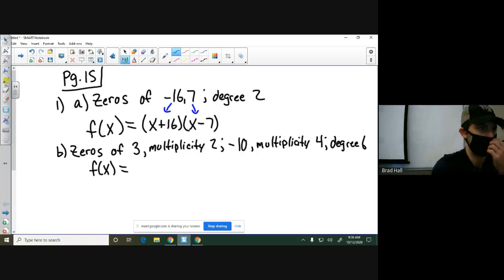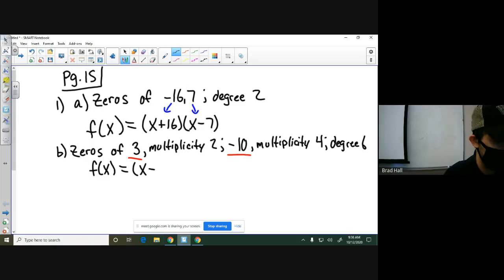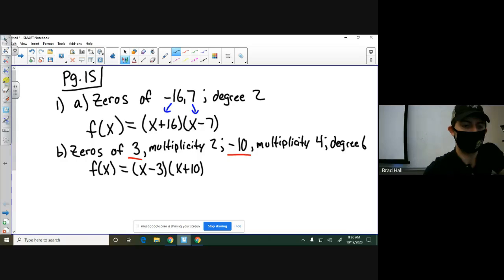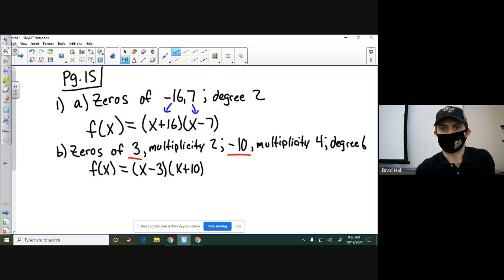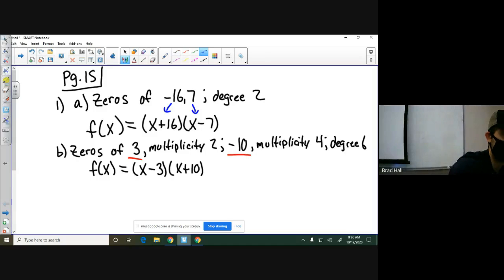So for each 0 that we have, so 3 and -10, we will get a corresponding factor: x minus 3, x plus 10. But then they go on to give us the corresponding multiplicities.